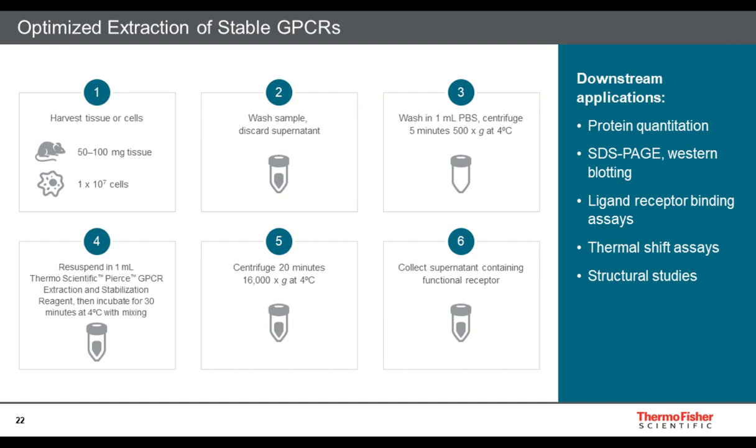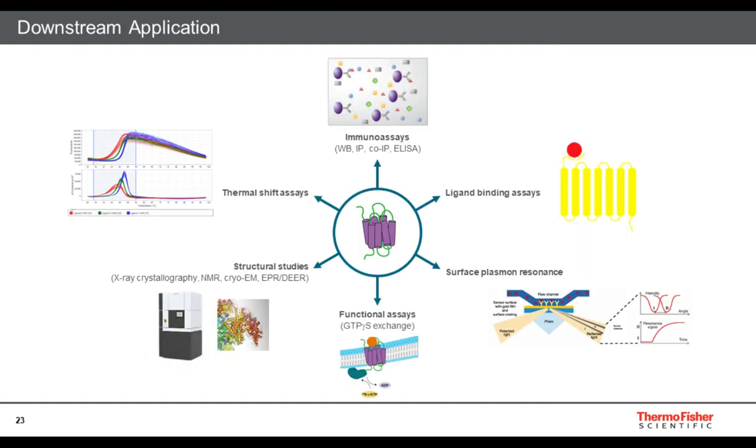Suspend it and incubate it for 30 minutes at 4 degrees. Following the incubation, the cell debris is pelleted by centrifugation at 16,000 times G for 20 minutes. From there, you'll remove the supernatant containing the functional receptor and proceed to either purifying your tagged receptor from the whole cell lysate or taking your extract directly into your downstream application.